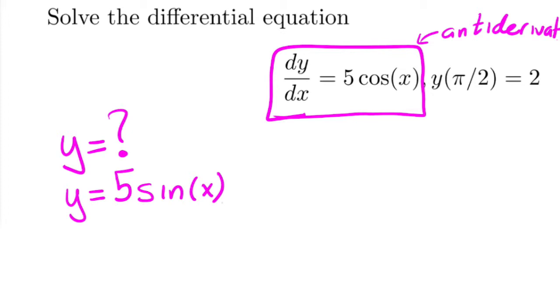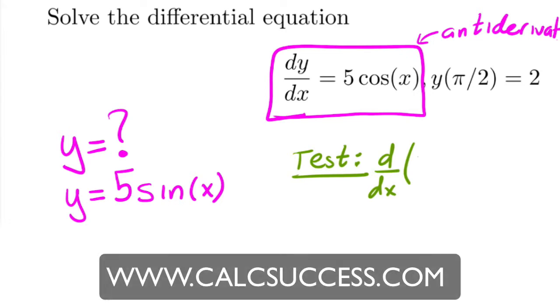So you can always test by getting the derivative of what you just found. If you got the derivative of 5 sine x, does that equal this function? Well, yeah, because the derivative of 5 sine x is 5 cosine of x. So you can always test when you're finding the antiderivatives.